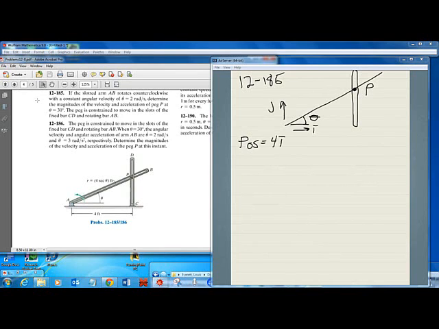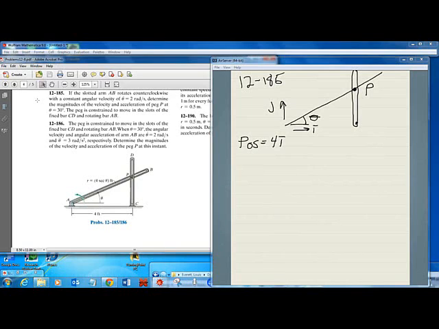So this is east and north or whatever, right? So I'm going to go a distance of 4 in the east direction. And that's going to put me right here at the bottom of this thing. And now which way am I going to go? Up. Okay, that'll be the J. So I'm going to go up. How far? I want it in terms of angle, because angle is what I know.